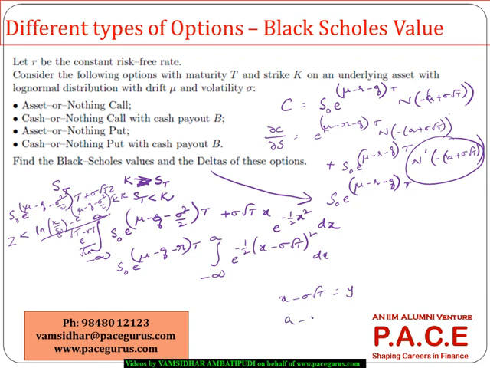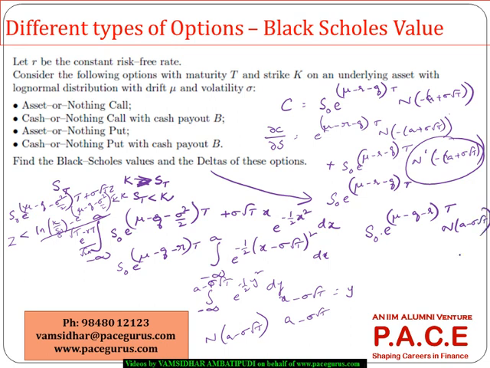So this becomes minus infinity to a minus sigma root t, e power minus half y square dy. So obviously this is becoming N of a minus sigma root t. So S naught into e power mu minus q minus r times t into N of a minus sigma root t. Right, so that is what is coming out for asset or nothing kind of a put.